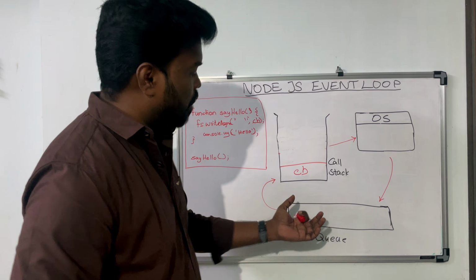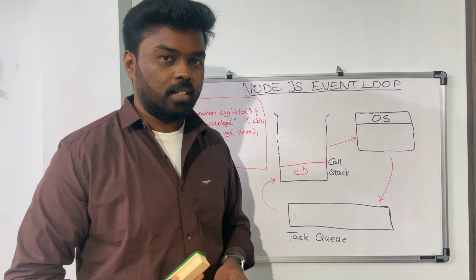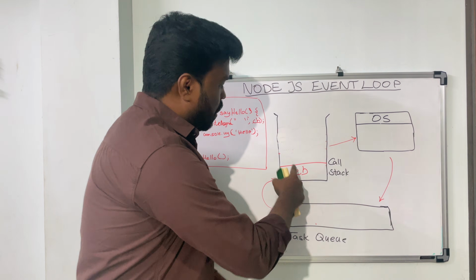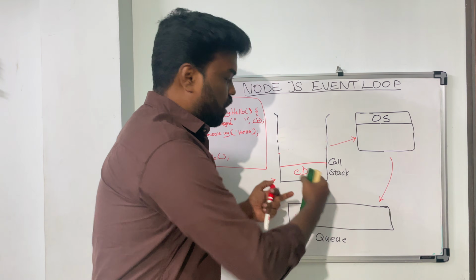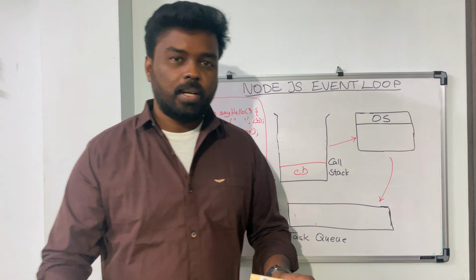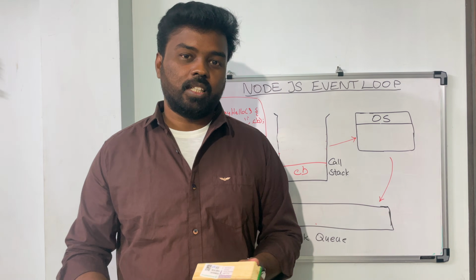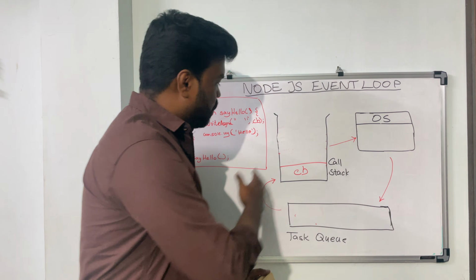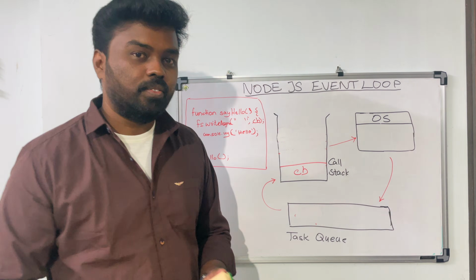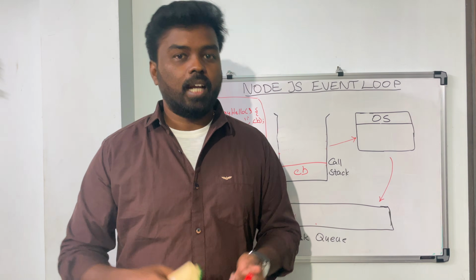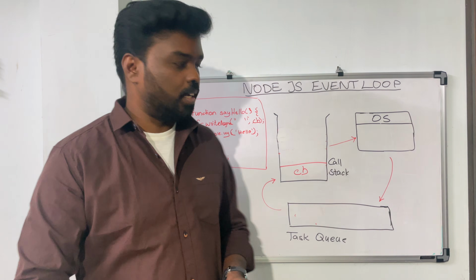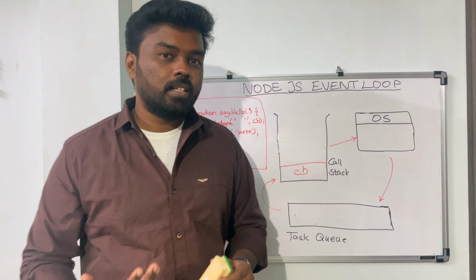So we have this callback waiting in the task queue to be invoked. That callback will now go to the call stack, and it will start executing. And this callback might have a lot of other functionalities to be executed. All those functions will also get into the call stack, and they will start executing one by one. And if there are any asynchronous functions available in the callback, again the similar thing will happen.